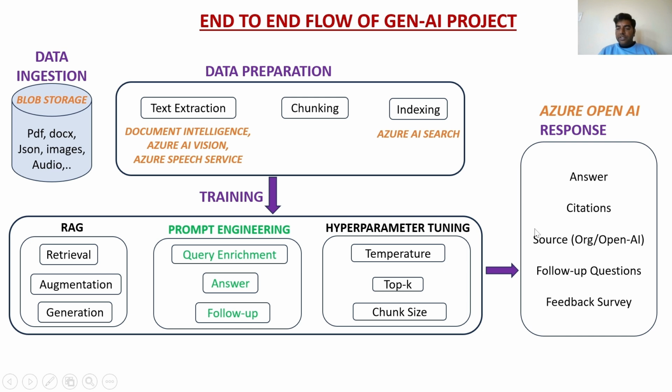So that is citations. Next is source. For example, if we are writing a ChatGPT, a custom LLM for, say, ABC company, the source corresponds to whether the answer came from the knowledge base of ABC or whether it has taken from the vast knowledge base of OpenAI, the internet information that it has.